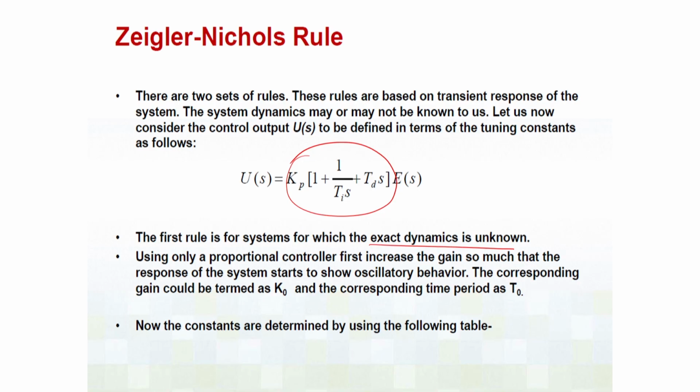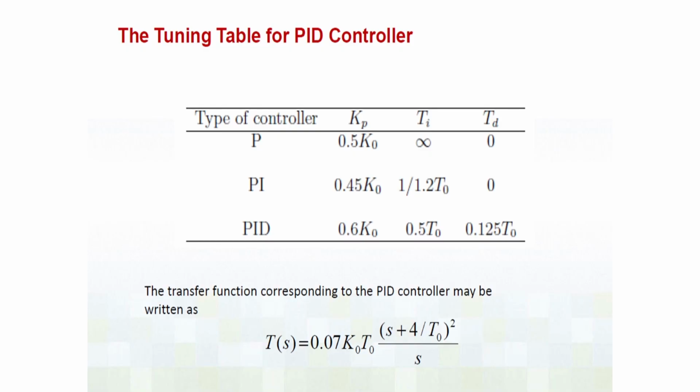In such a case, you first play with the proportionality constant K0 and note down when the system would become oscillatory, and what the corresponding time period is. Once I know that, for only a proportional controller the tuning value is simply 0.5 K0.